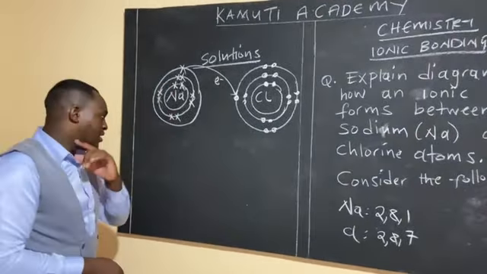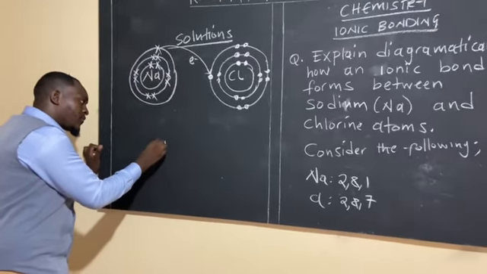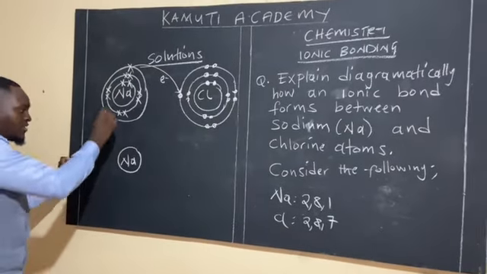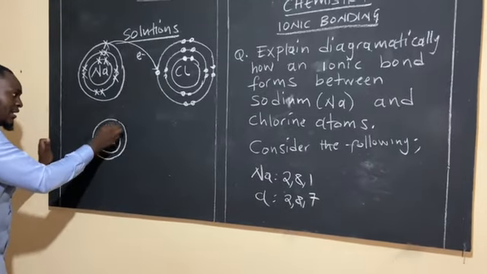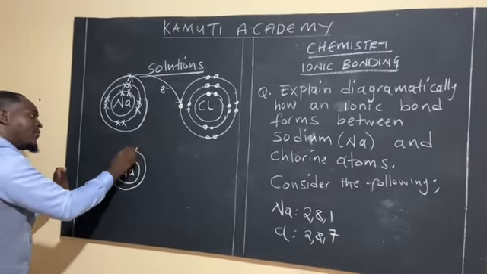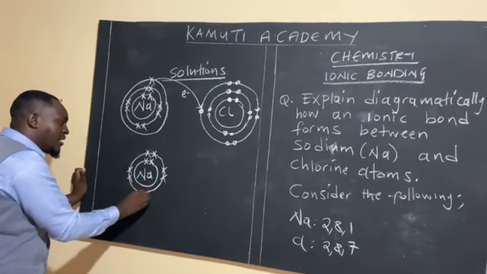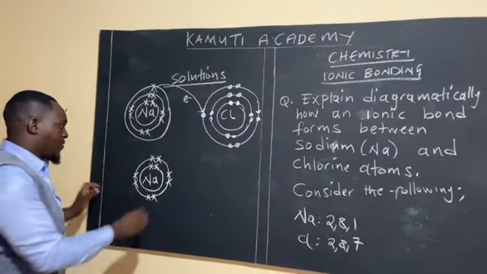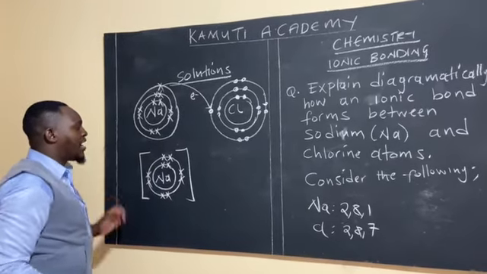So what will be formed? Follow me. We have sodium here. In the first shell, the 2 electrons remain. Then in the second shell, we have 8 electrons. Now, this second shell has actually become the last shell.